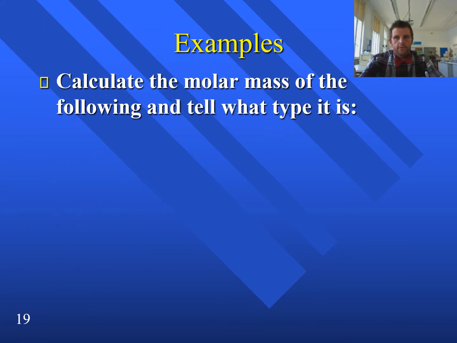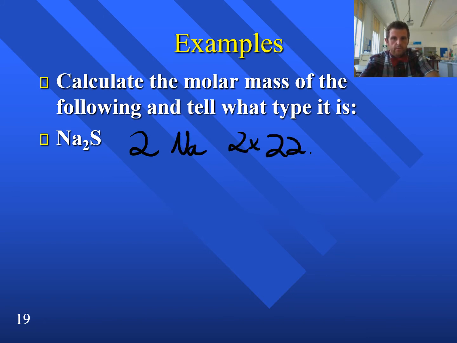Alright, so some more examples. I want to keep doing these until I hope you fully understand them. So we're just going to calculate some molar masses again. I have 2 sodium, so 2 times 22.99. Remember that this number is off the periodic table.